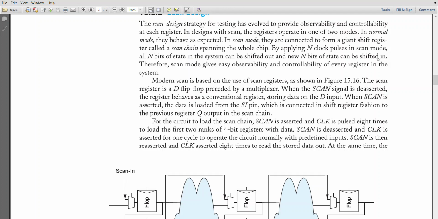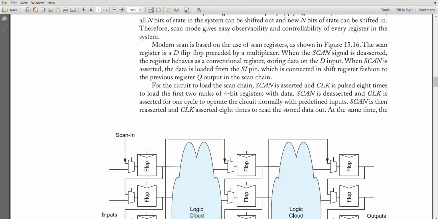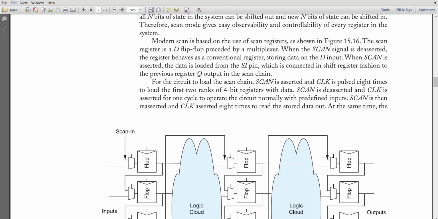Shifted out and shifted in, shift registers are there. Therefore, scan mode gives easy observability and controllability. Obviously, because you can see which bits are shifting out, which bits are shifting in. So you can easily observe that.